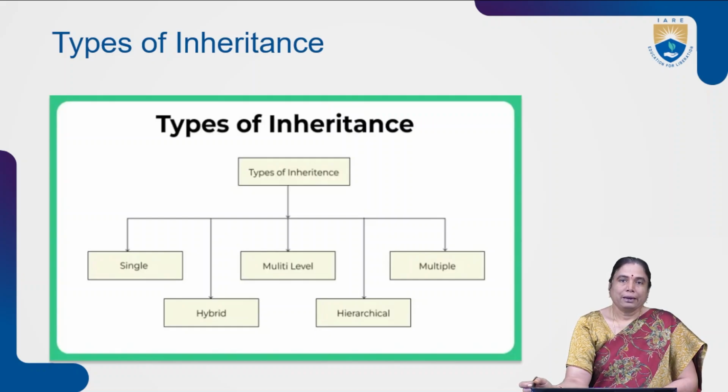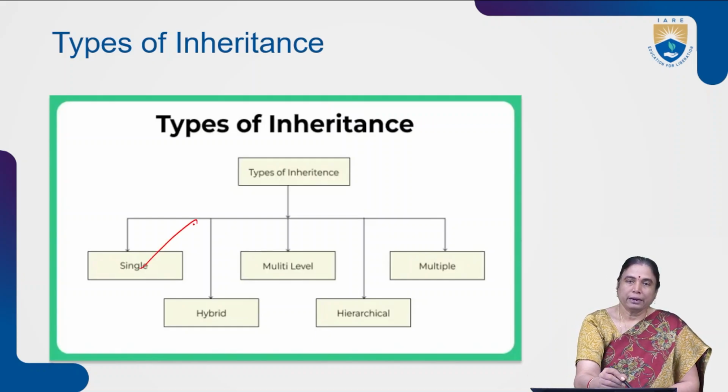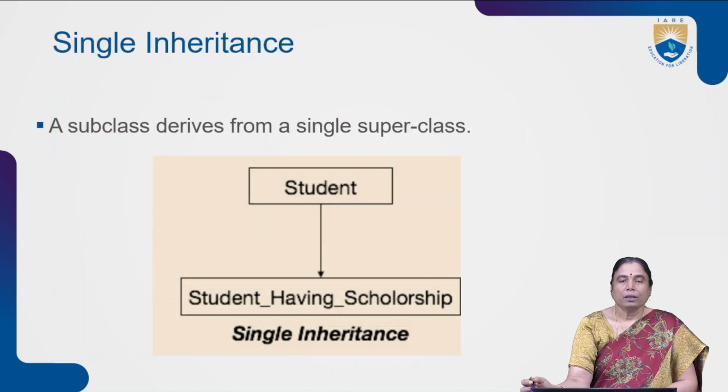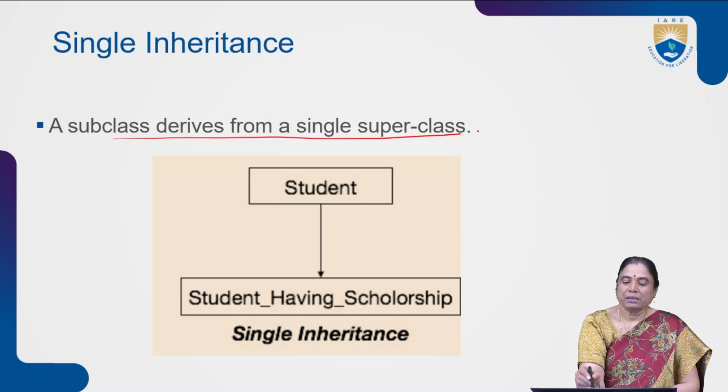The types of inheritance are single inheritance, hybrid inheritance, multi-level inheritance, hierarchical inheritance, and multiple inheritance. In single inheritance, a subclass derives from a single superclass.